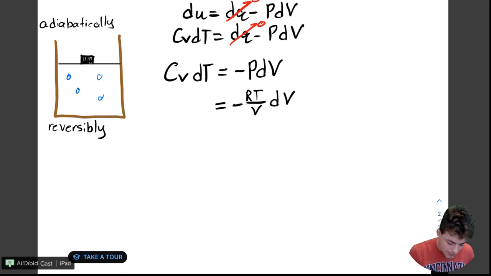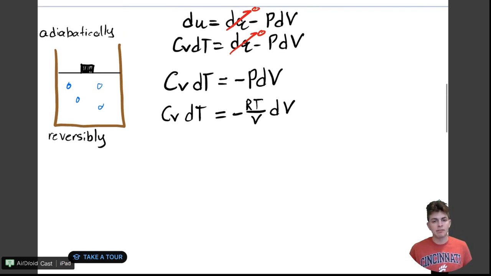However, what's different in this expression is that now temperature can potentially change. Remember, heat and temperature are not synonymous with one another. Therefore, we want to do some sort of separation of variables in order to solve this differential equation. So, let's divide both sides by T and integrate.